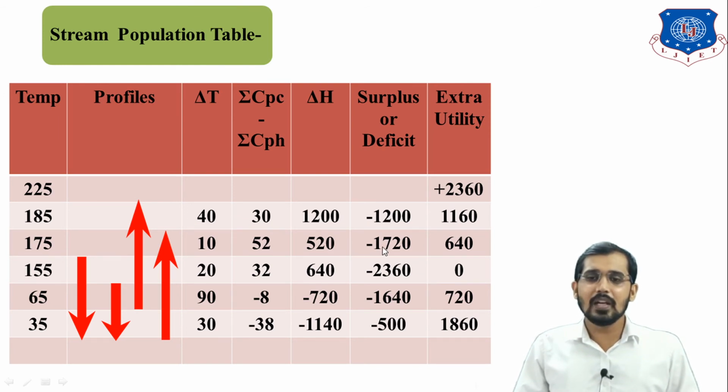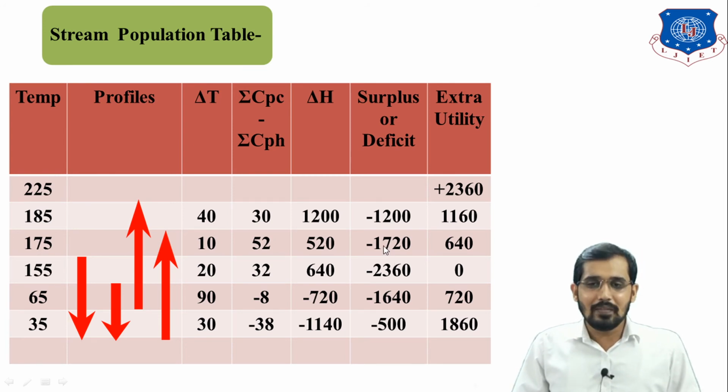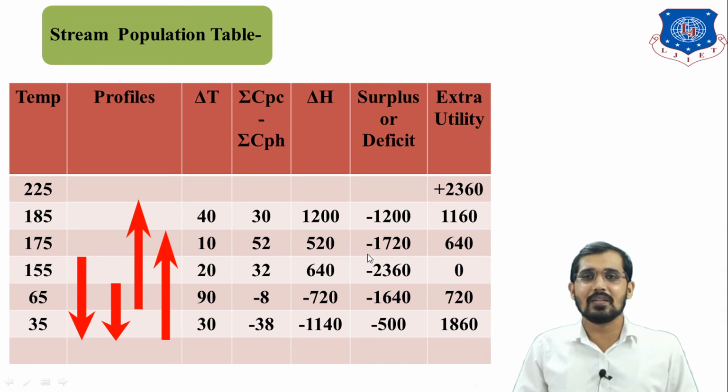For the next, the previous value is minus 1200 minus the initial value, minus 1200 minus 520, you will get minus 1720. For the next value, the previous value is minus 1720 minus 640, you will get minus 2360.